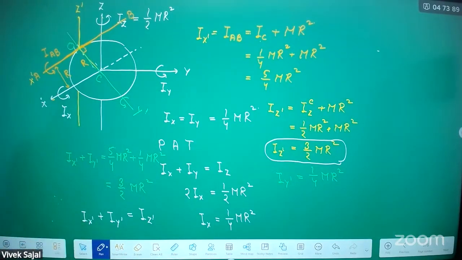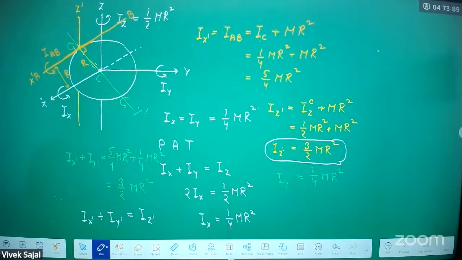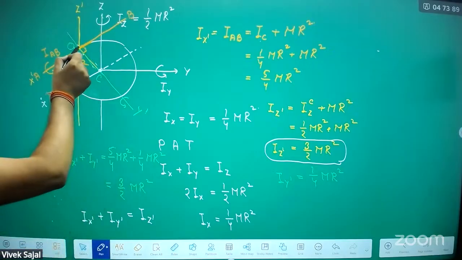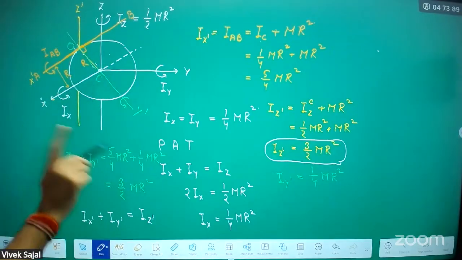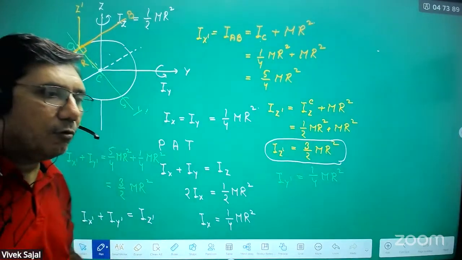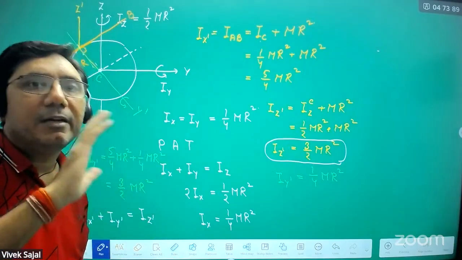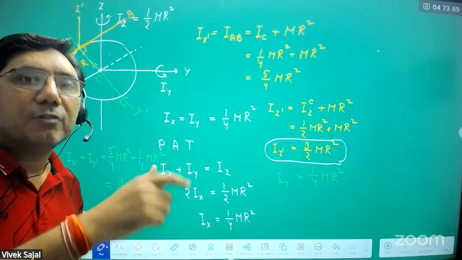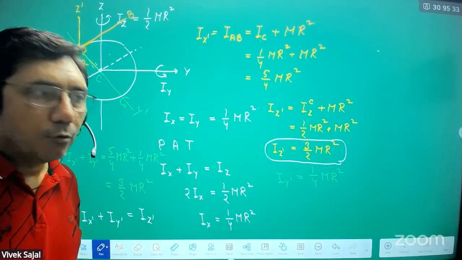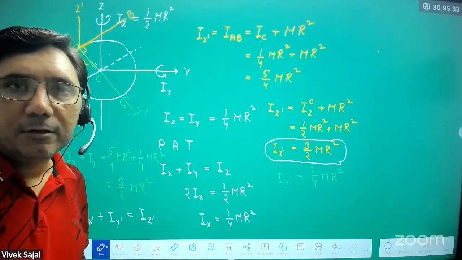So you can observe here that it's not necessary that the intersecting point will be at the center of mass. It can be anywhere. You can choose it here. But what is important is that two of the axes should lie in the plane and be perpendicular to each other. The third axis will be mutually perpendicular to both. So all three axes are mutually perpendicular to each other.